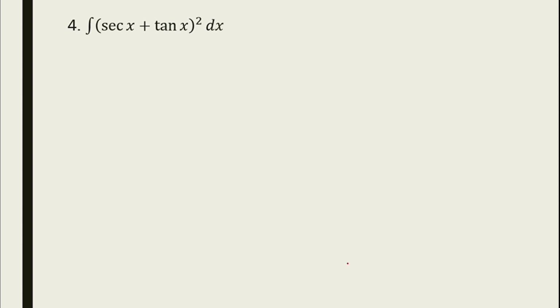First thing that we're going to do here is we're going to distribute. So the integral of this one is secant squared x plus 2 sec x tan x plus tan squared x dx.